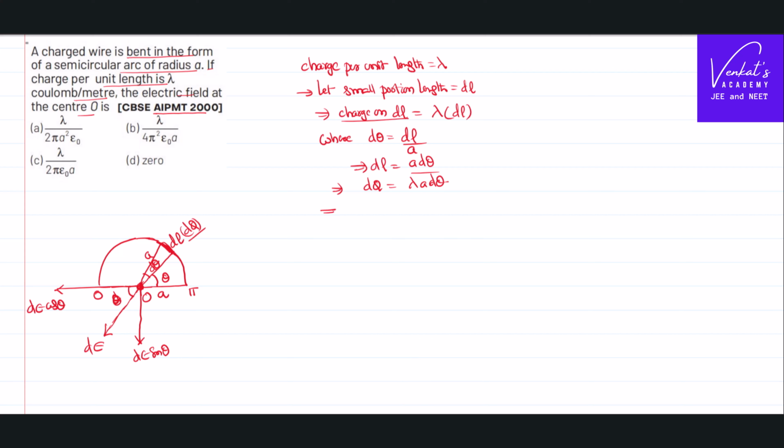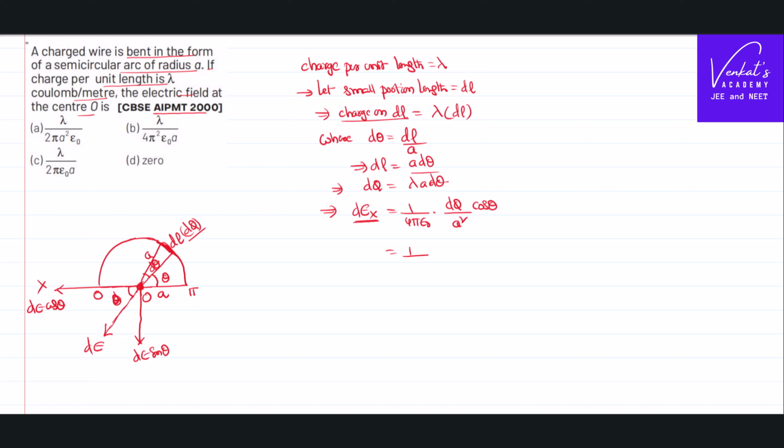So dEx can be written as 1 by 4 pi epsilon naught, dq by a square, and I write the cos component because we are taking dEx along the x direction.